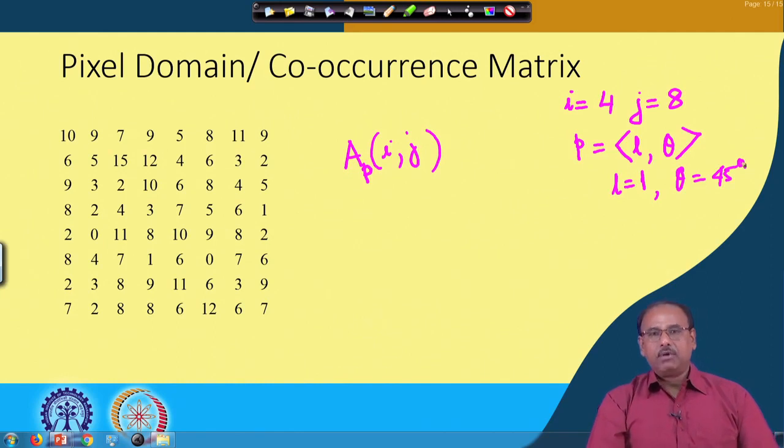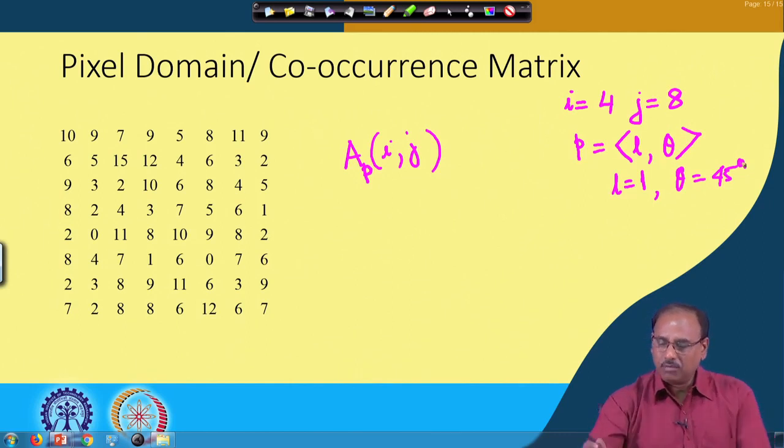So, basically what I want to compute is the number of occurrences of 2 pixels, the first pixel having intensity value 4, the second pixel having intensity value 8. These 2 pixels have to be at a distance of 1 and the line joining these 2 pixels will be at an orientation of 45 degrees with the horizontal axis.